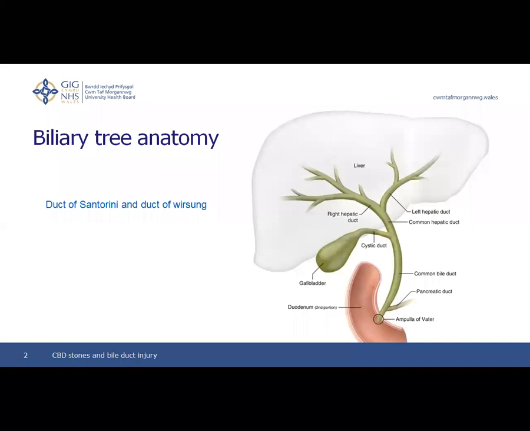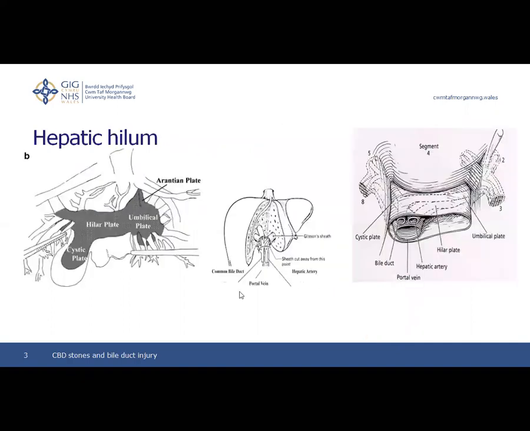The pancreatic duct has a major duct and a minor duct, called the duct of Wirsung and the duct of Santorini. Most of the time, the duct of Wirsung joins with the common bile duct and drains the bile into the second part of the duodenum, which is the transition point between the foregut and the midgut. So this is a bit of anatomy for the MRCS graduates, Part One.